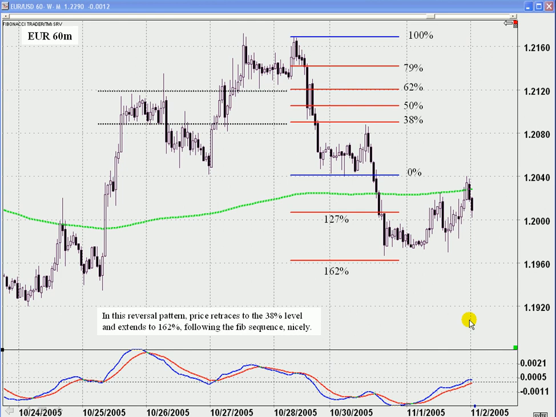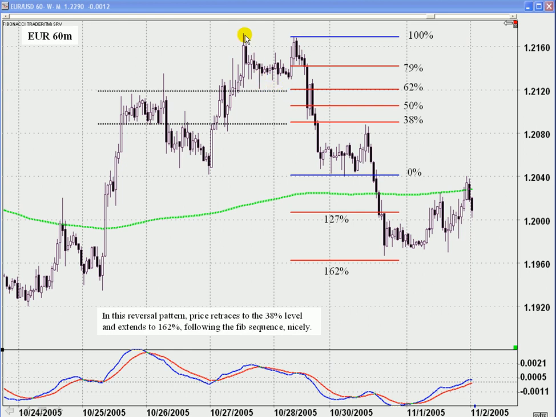Looking at a Euro 60-minute chart, several distinctive features on this chart. We see that the market has been in this nice uptrend. Resistance becomes support. It rallies to resistance and rejects, then moves and holds above this level of resistance.